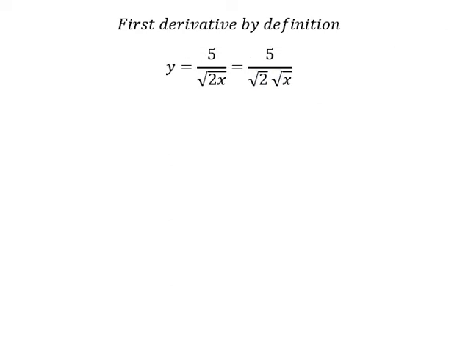Now the formula for this one should be like this. We use the limit as delta s approaches number 0.